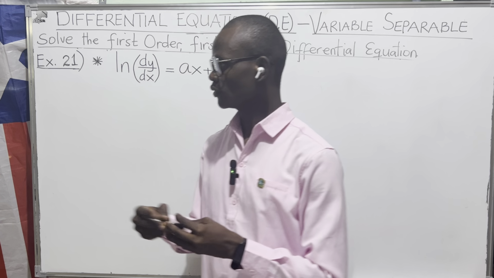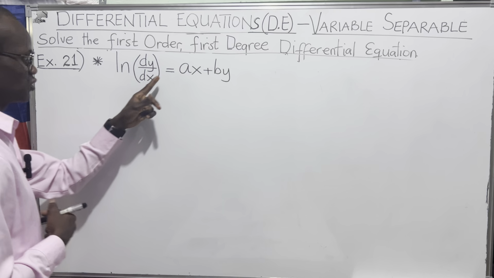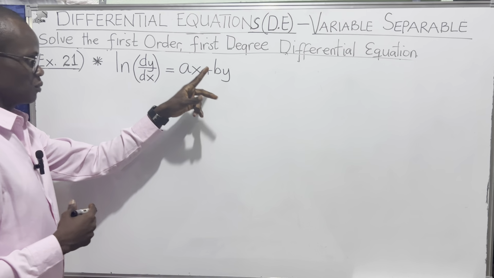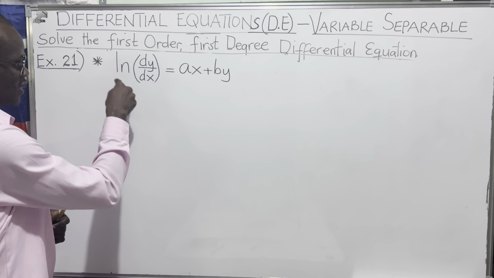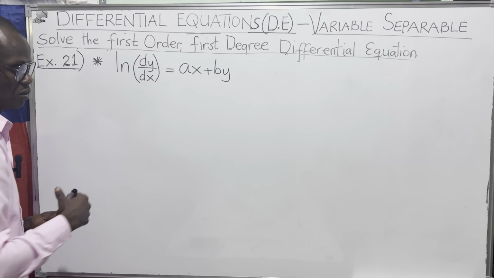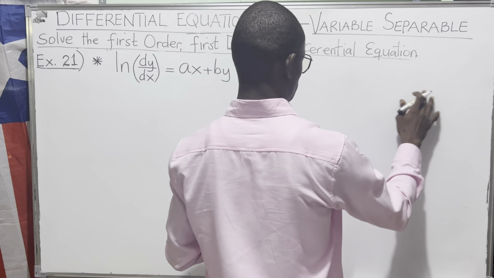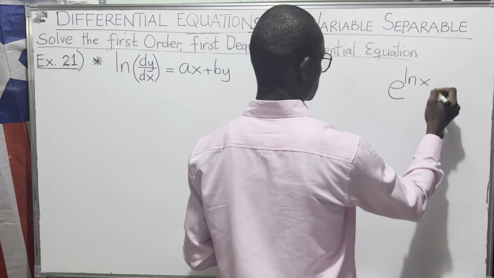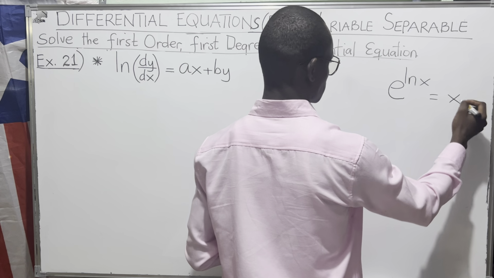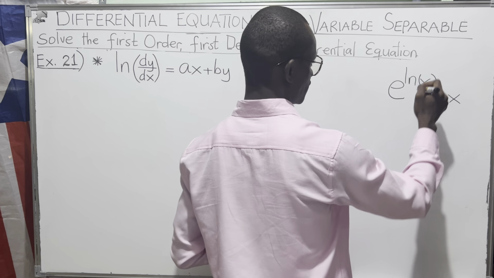So we have ln of dy by dx equals ax plus by. In order for us to get rid of this ln, we must bring in the property of the exponential function. We know that e raised to the ln of x is just equal to x, or this x could represent any function or just anything.